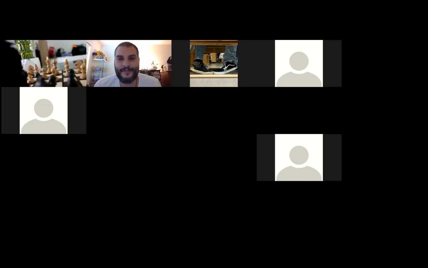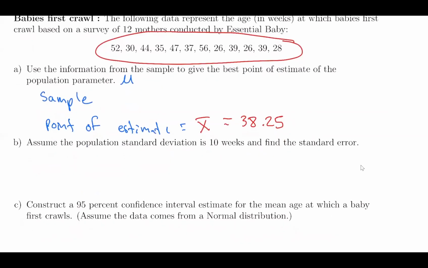It stopped sharing my information, so let me redo that. Okay. So we should get 38.25. So that's our point estimate.